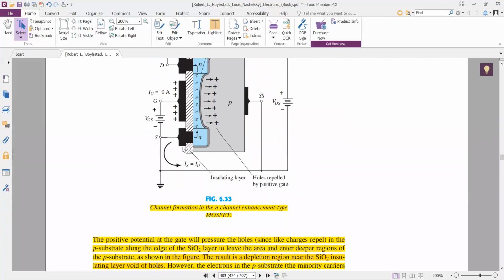So, how is this achieved? The number of electrons near this silicon dioxide layer goes on increasing because of attractive forces on the minority carriers. This positive potential will act as an attractive force on the minority carriers of the p substrate, and the minority carriers will be attracted near this edge.